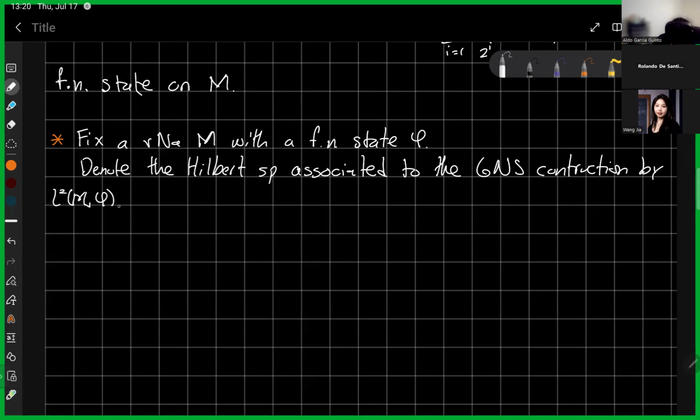So in this case, we're going to keep writing our state with us because this depends very much on the state that we assign. Then for x and y in M, we have the same representation that we discussed before.